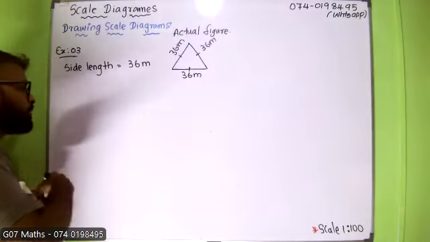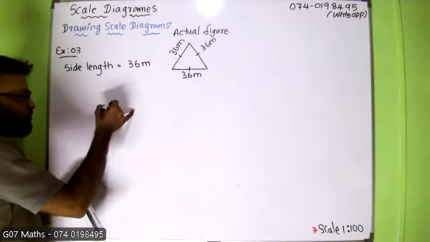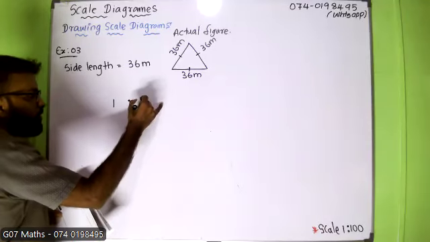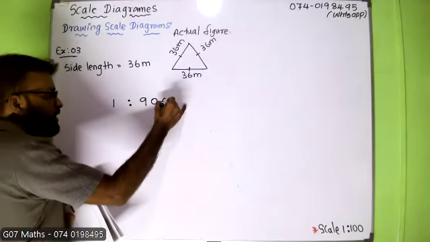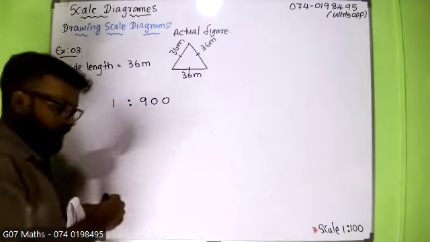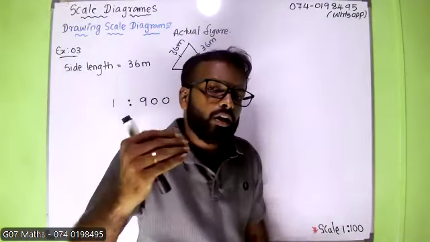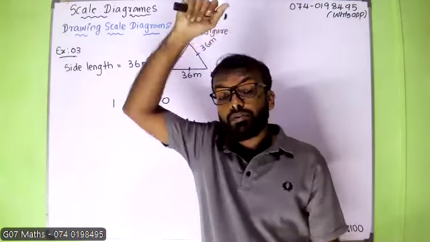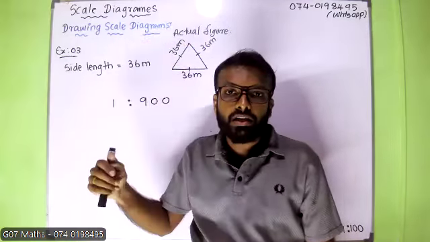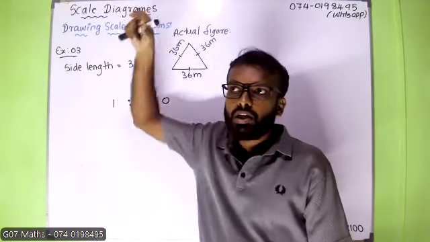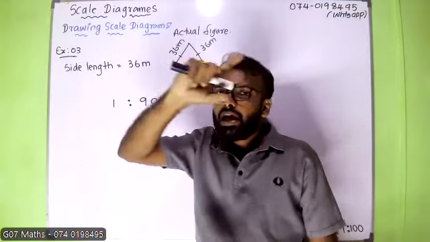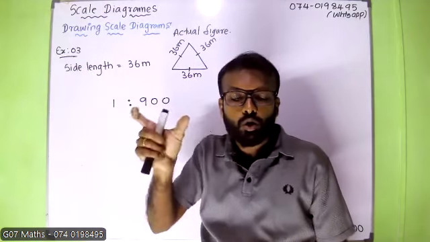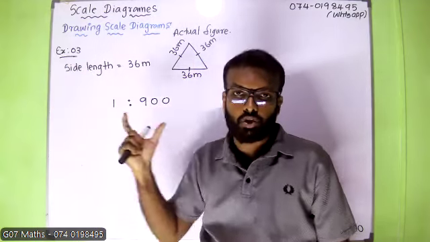So first of all, I am going to write down my ratio. They have given 1 to 900. In the previous examples, we did the other way around. We got the scale and we got the same units, then we wrote down the ratio.